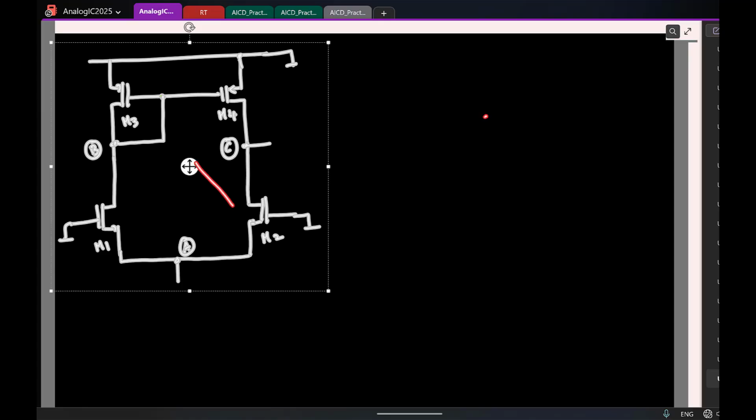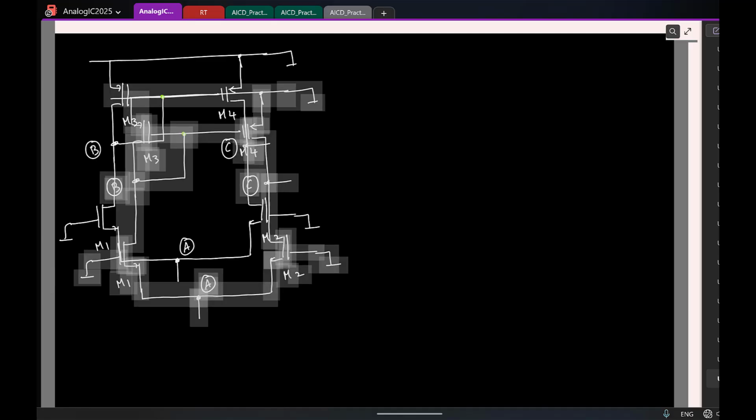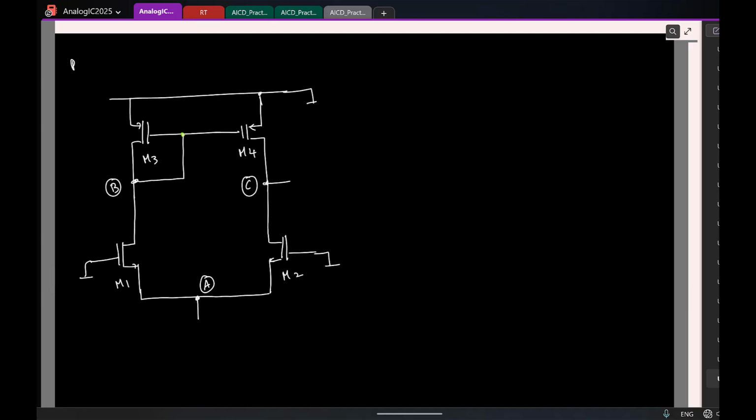Fine. Let's start with node A. I'm trying to find the effective resistance looking into this node. What will I do? How will I find it? Same thing. I mean, it's not a trick question. You apply a test voltage and find the test current, or apply a test current and find the test voltage.